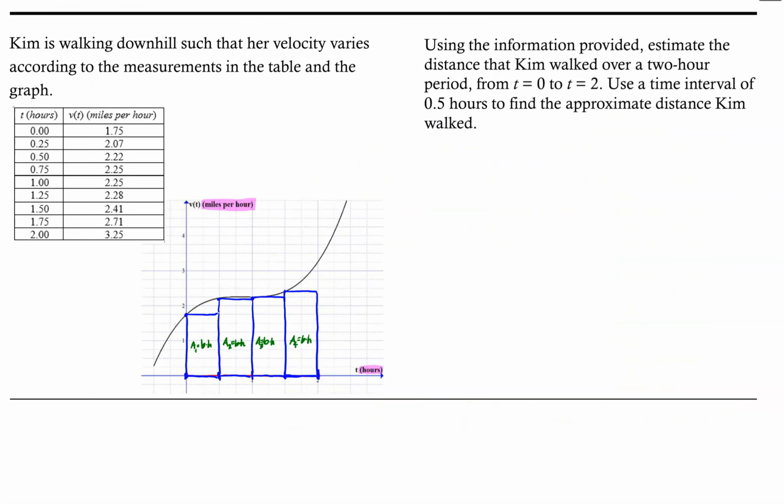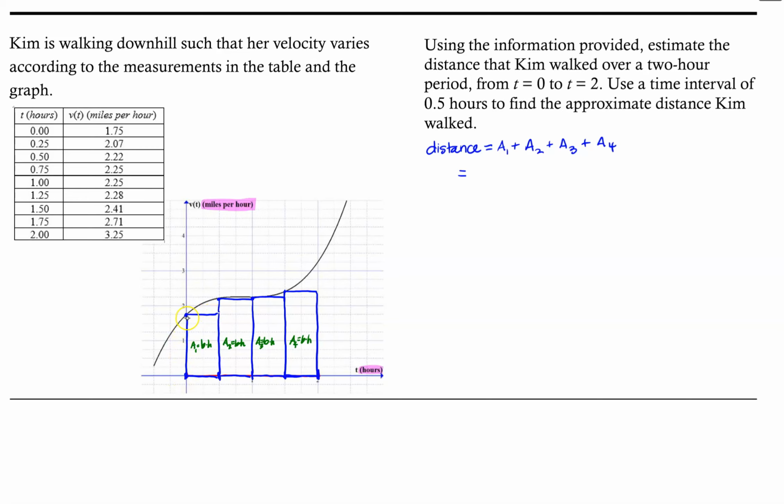So the distance that Kim is walking is going to be the area of rectangle 1 plus the area of rectangle 2 plus the area of rectangle 3 plus the area of rectangle 4. And this is equal to, now keep in mind we're using the function value at the left endpoint for the height.